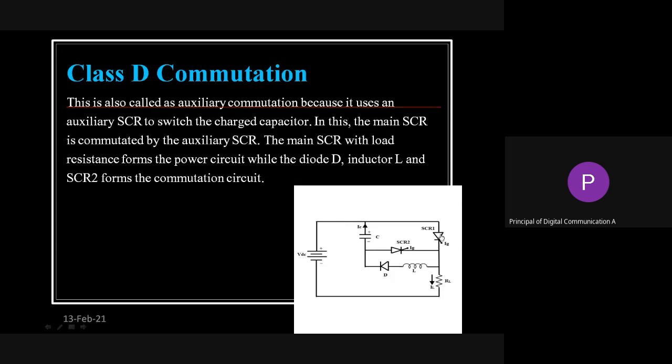the RL and through this SCR1, RL. So in this outer loop the current is still going to flow. Got it?